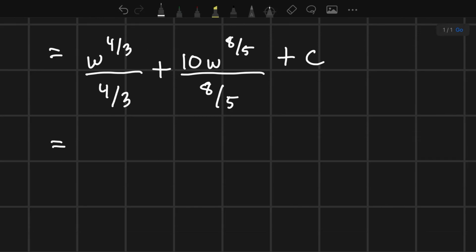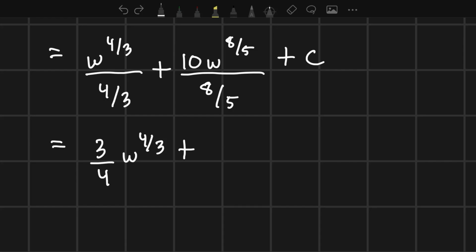Now you have 4 over 3. The simplest thing you could do is just flip it. If it's 4 over 3 and we multiply, we would get 3 over 4 w to the power 4 over 3. Since we had an imaginary coefficient of 1, anything multiplied by 1 stays the same, and we just flipped it, so it's going to be 3 over 4.